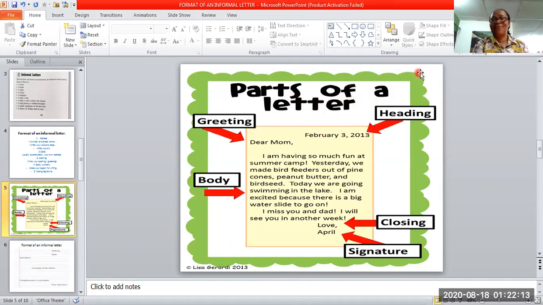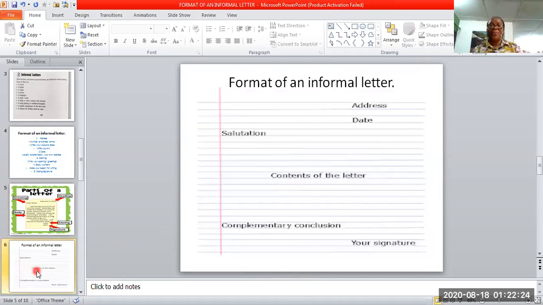We call it the heading, the greeting, the body, the closing, and the signature. And then what is the format? We have the address and date, the salutation or the greetings, the contents of the letter, the complimentary closing and your signature.